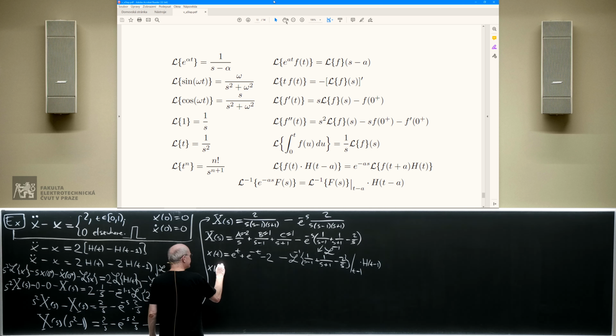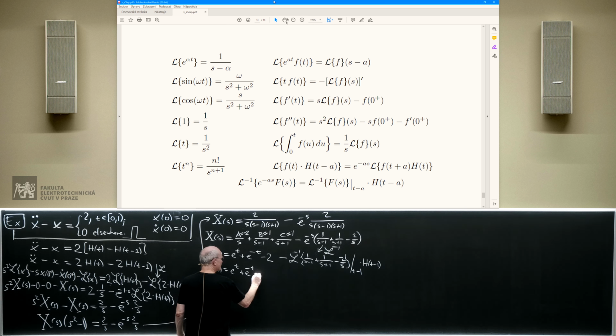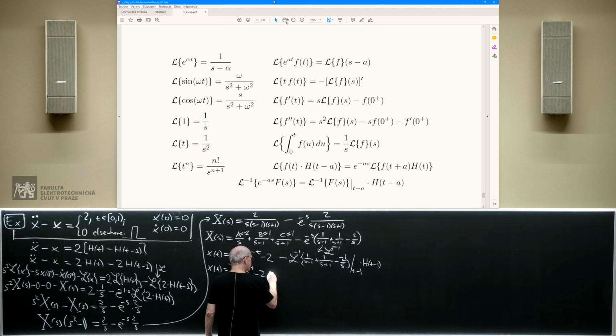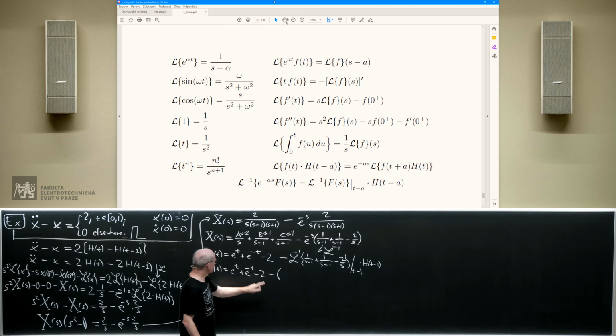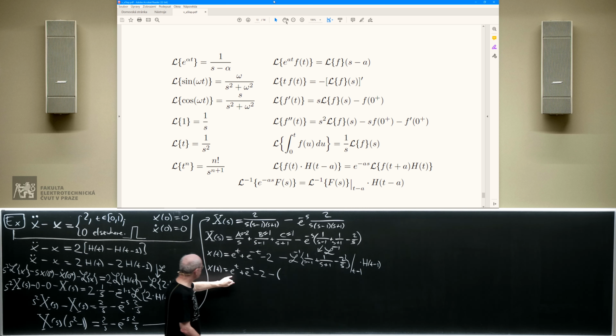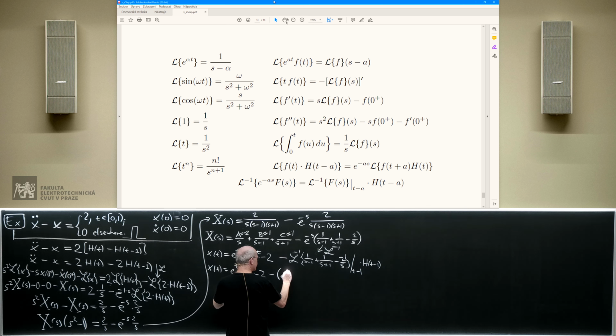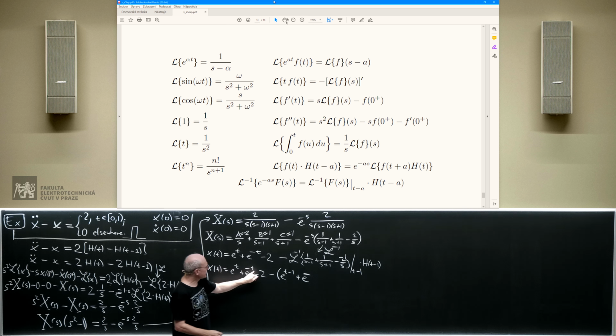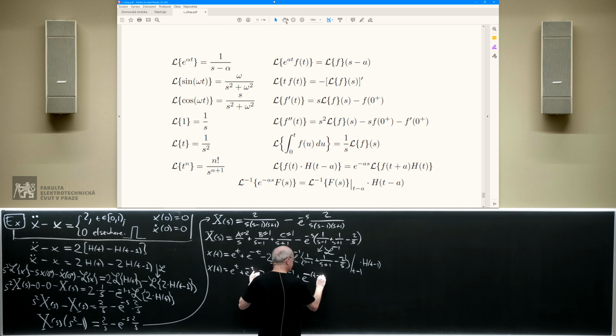So my function xt is e to t plus e to negative t minus 2 minus. Now I do the inverse transform, which is this, and then I'm substituting t minus 1. So it will be e to t minus 1 plus e to minus t minus 1 minus 2.